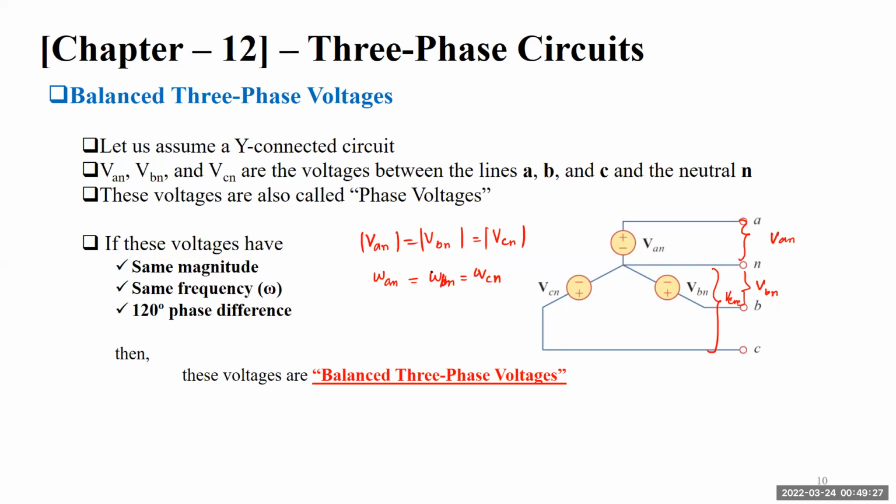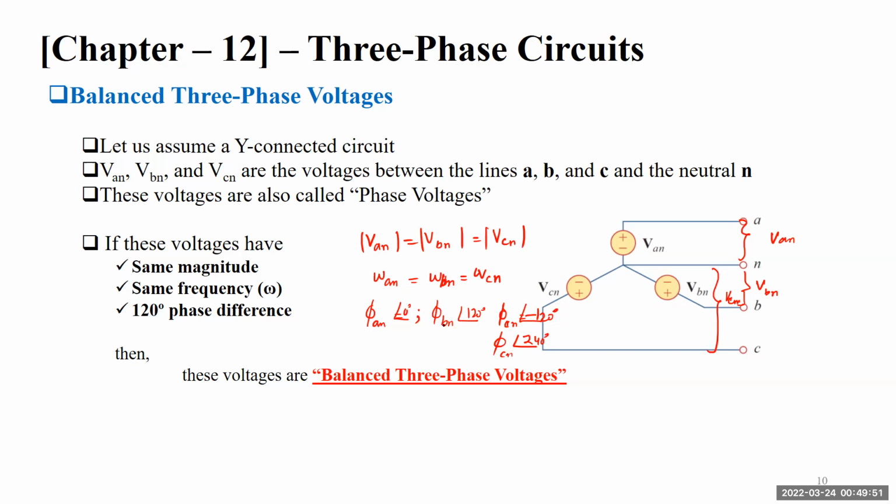And they are 120 degrees phase apart, meaning theta AN is, for example, 0 degrees, theta BN is 120 degrees, and theta CN is minus 120 degrees or 240 degrees, depending upon the convention.